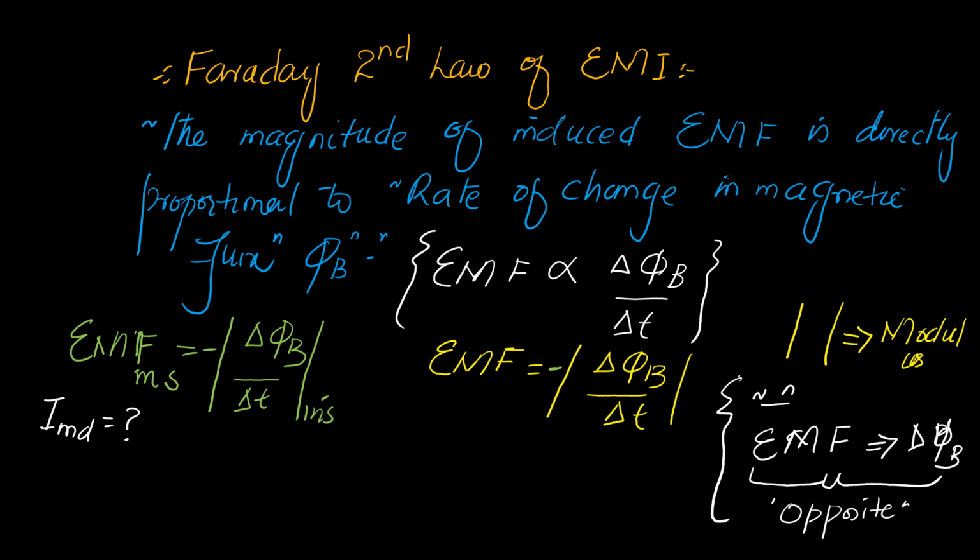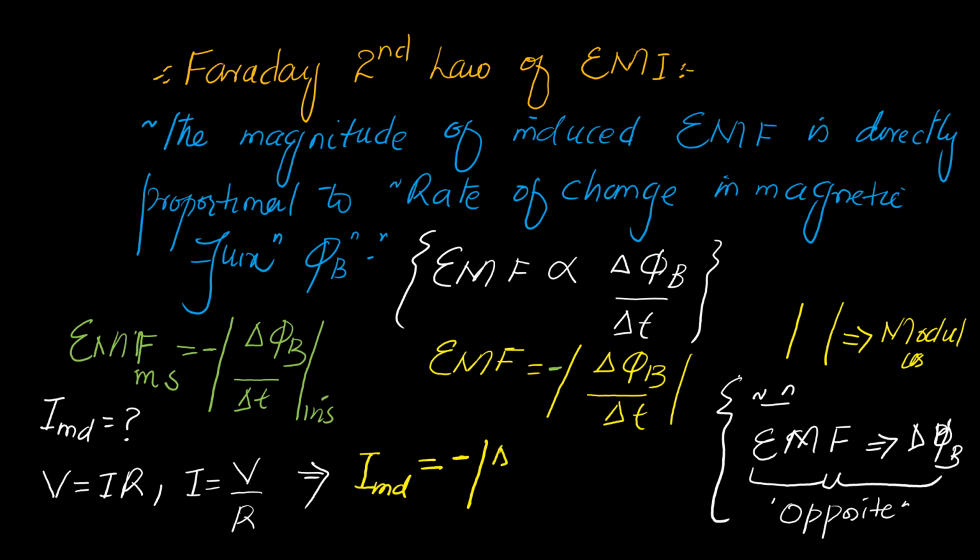According to Ohm's law, voltage is equal to I into R, so current I is equal to voltage divided by resistance R. EMF also represents a voltage, so we can write the voltage as the induced EMF. Then the induced current becomes the induced EMF, which is the rate of change of flux, divided by the resistance in the wire.